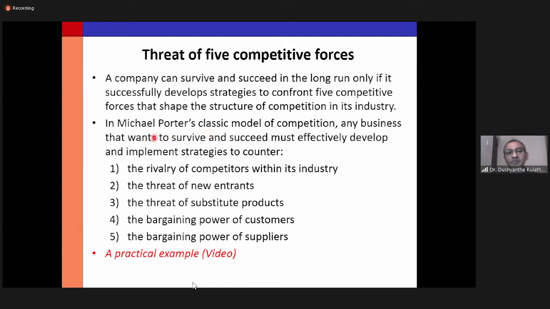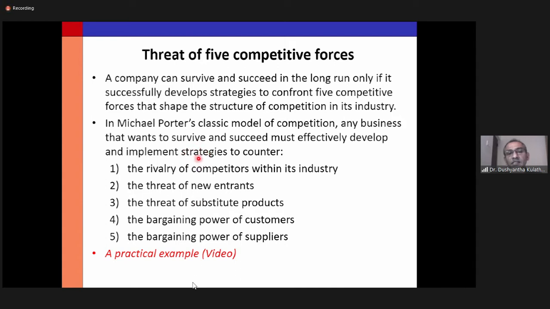Then the next point says, in Michael Porter's classic model of competition, any business that wants to survive and succeed must effectively develop and implement strategies to counter the 5 forces. According to Michael Porter, these 5 forces are there in an industry, and in order to counter them, we need to develop strategies.